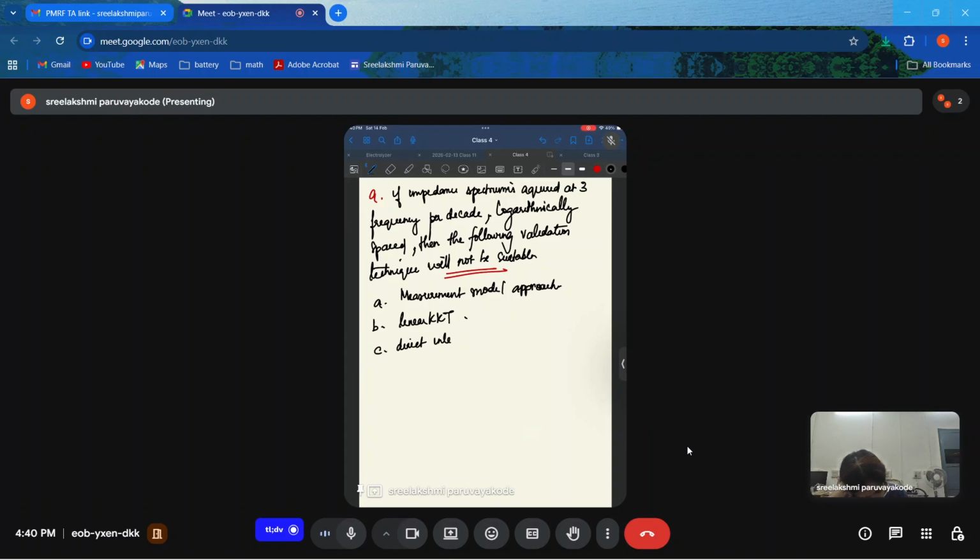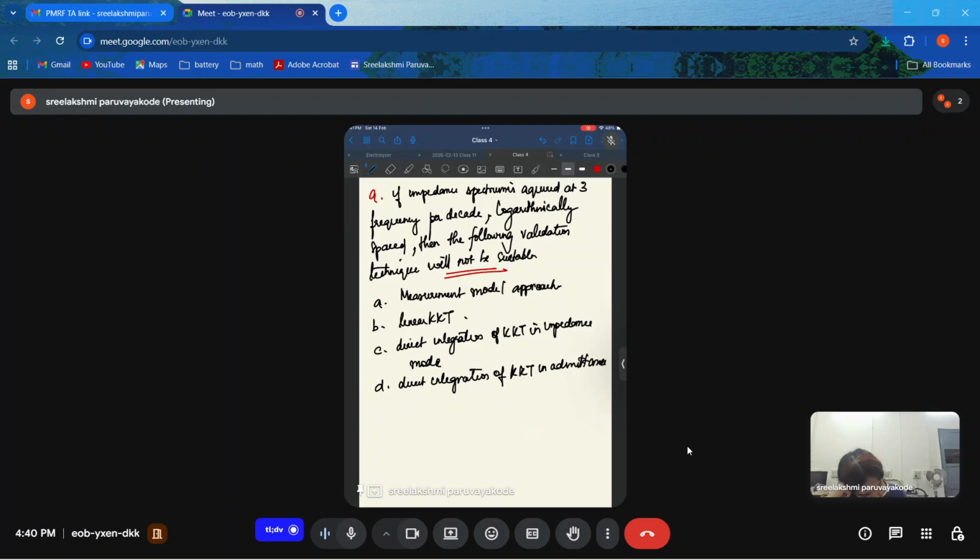Option C, direct integration of KKT in impedance mode. Option B, direct integration of KKT in admittance mode.